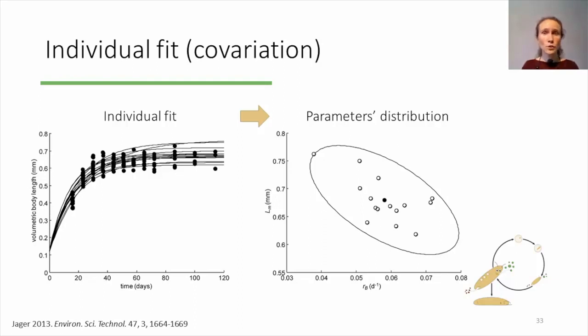Just to show you how they did to estimate the parameters. In that case, they fitted a von Bertalanffy growth curve on each individual. And doing that, they obtained the parameter space, or the set of parameters you can see on the right, between the growth rate and the ultimate size.